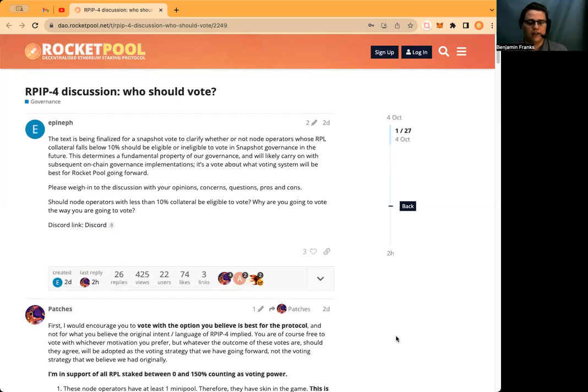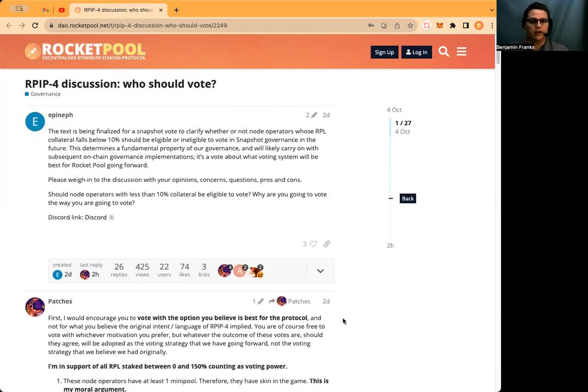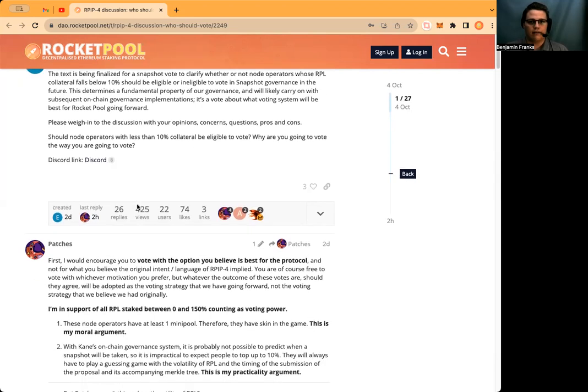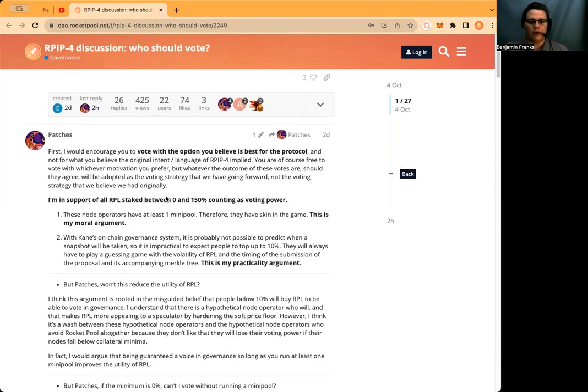There's two options here. There's a voting standard where we take any node operator who has between 0 and 150% of their staked Ethereum also staked as RPL, along with the collateralization of their node being at least 10%.